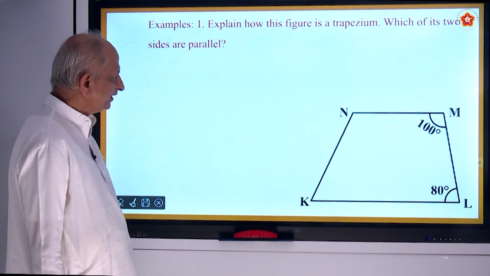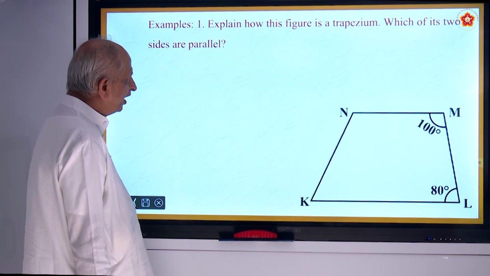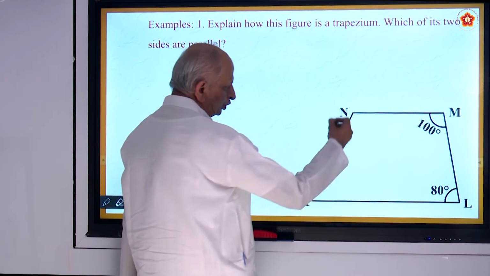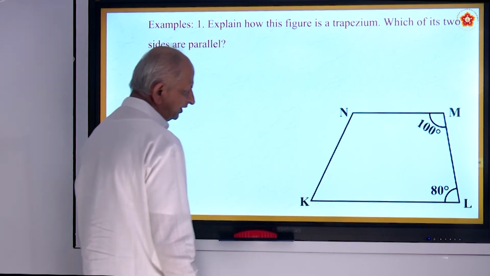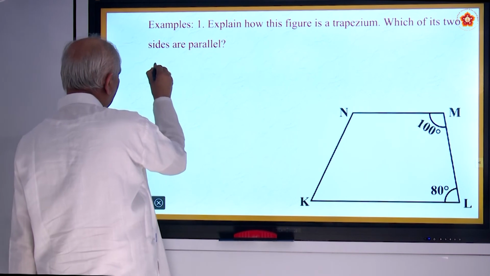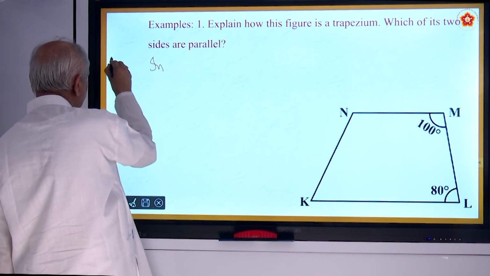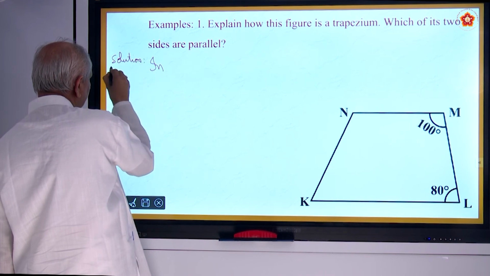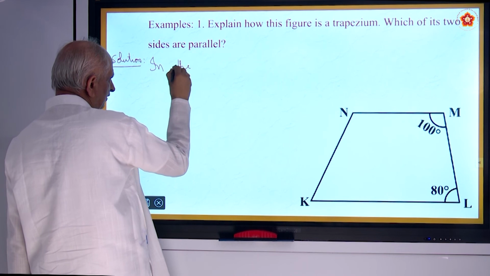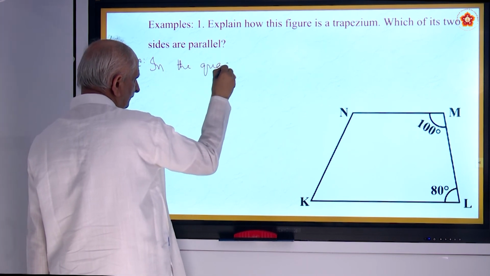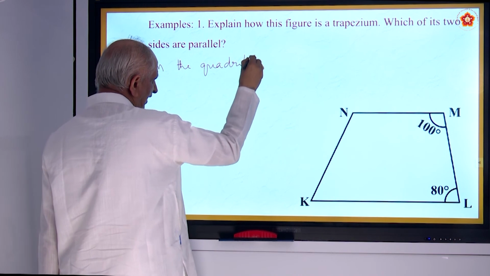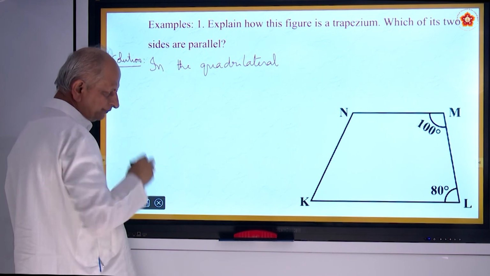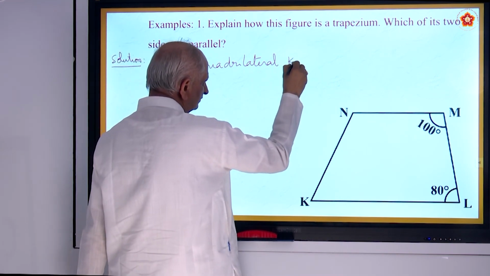Explain how this figure is a trapezium. Which of its two sides are parallel? You should say that this is a trapezium. How can you say it? So in the quadrilateral, you can write down the solution or answer. In the quadrilateral, why is it called a quadrilateral? Because there are 4 sides. What is the name of that?